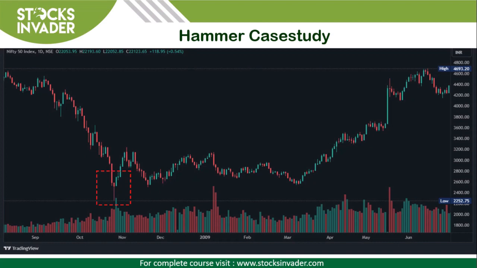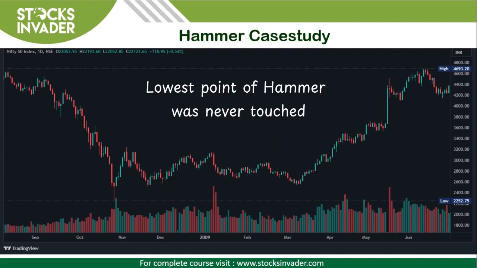You can see that after the hammer, there was a confirmation candle formed on the very next day, that is 28th of October 2008, which closed above the hammer with good volumes. And it can be seen that gradually the market recovered from the lowest point. Now note that the lowest point of the hammer, that is 2252, was never touched again in the entire history.